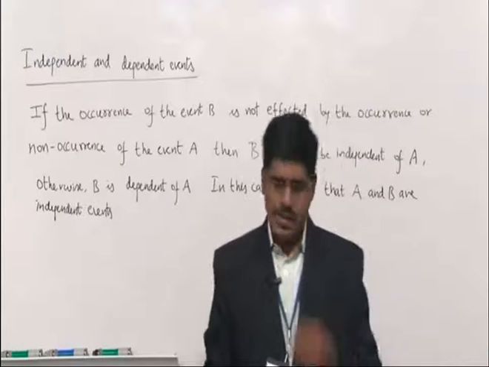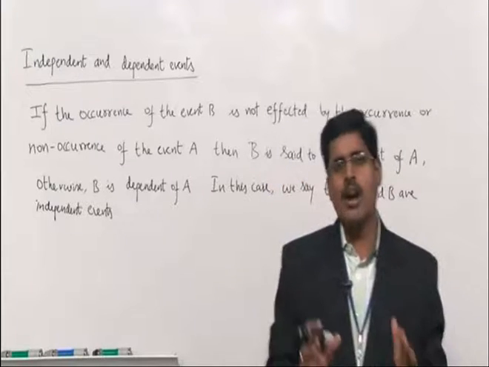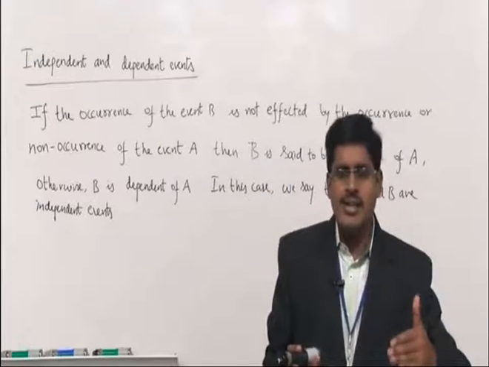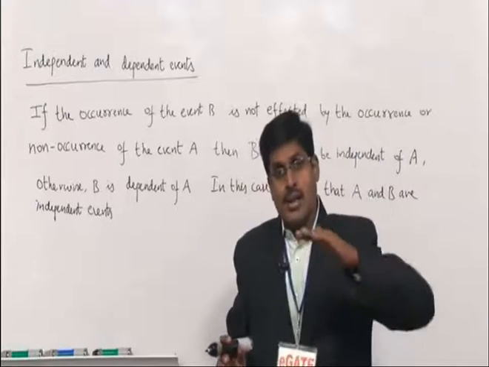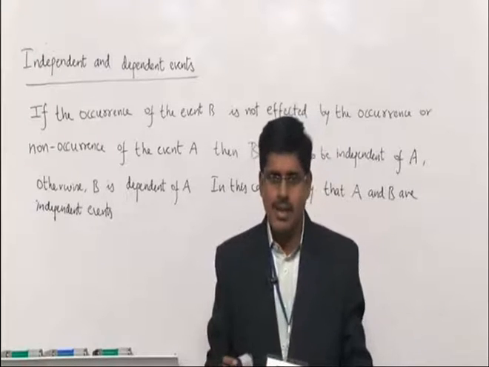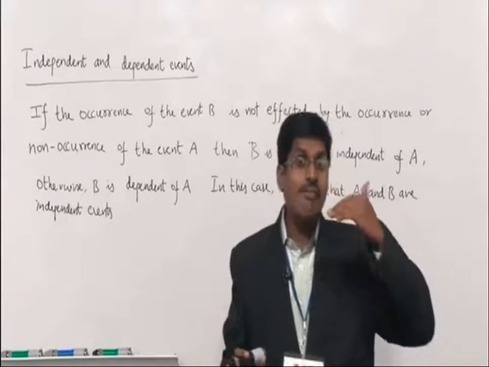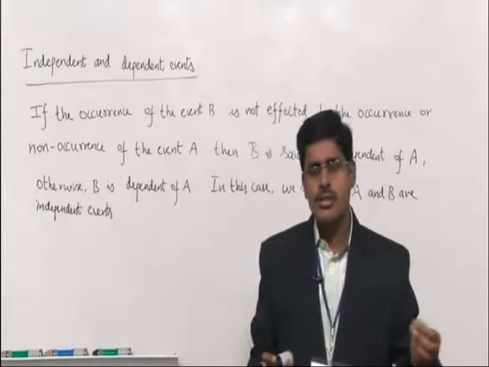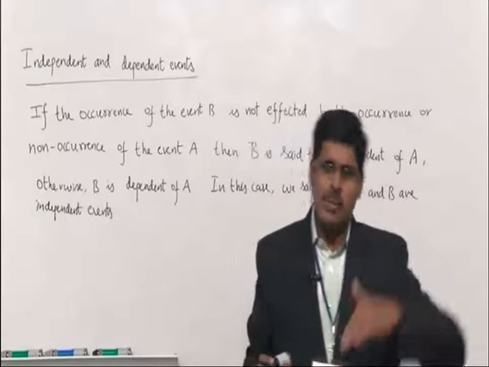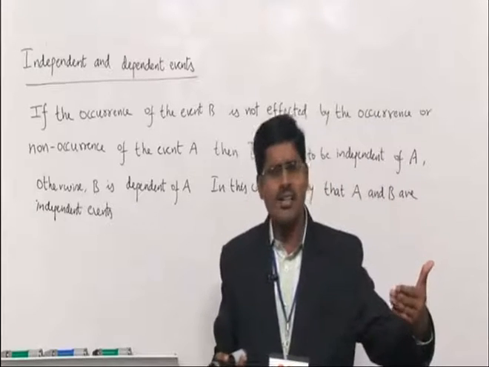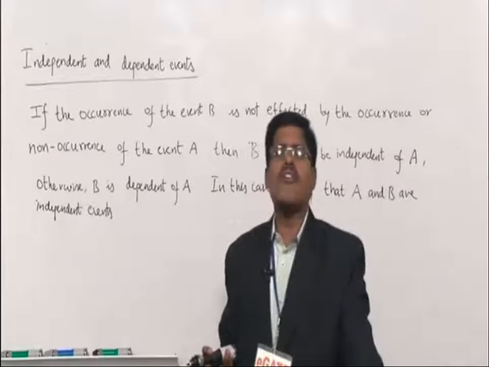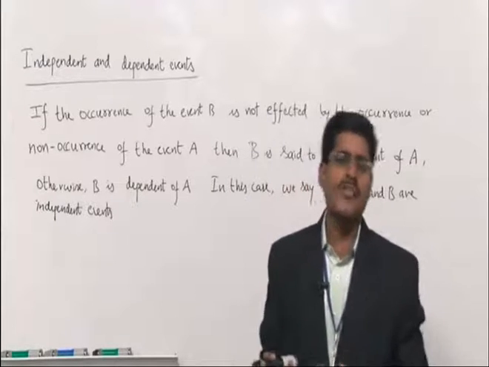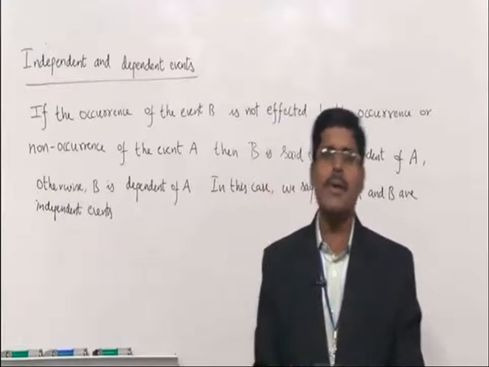That means if a king card is drawn and not replaced, this event does affect the drawing of the second card. Correct or not? Since the first king card is kept outside, the first drawn card will definitely affect the drawing of the second card from the remaining pack. In that case, the two drawings are called dependent events.